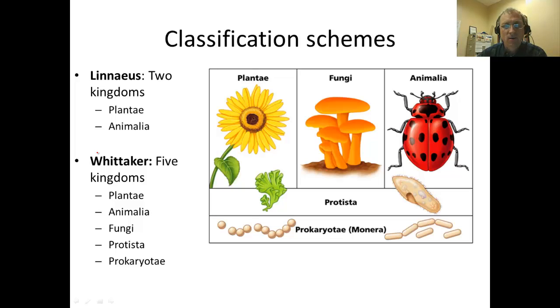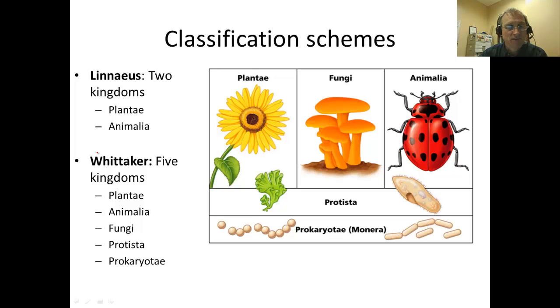Now, when Linnaeus was busy classifying organisms, he was aware of microorganisms, but they didn't particularly fit into his classification scheme. That really didn't begin to change until about the 20th century, when Robert Whittaker proposed the five kingdoms that were really the basis of textbooks in biology all through the 20th century.